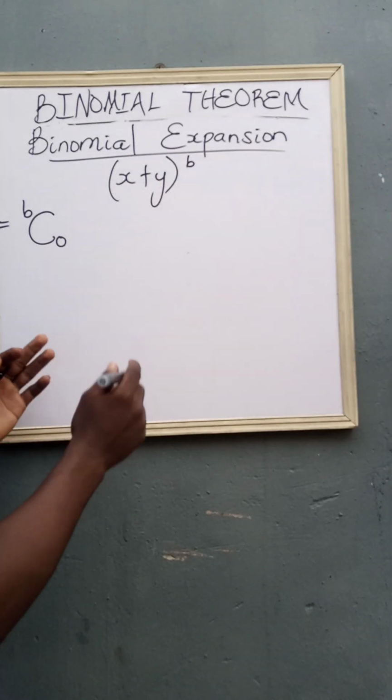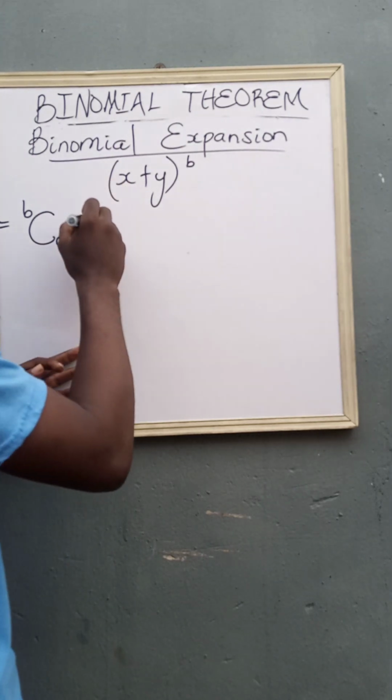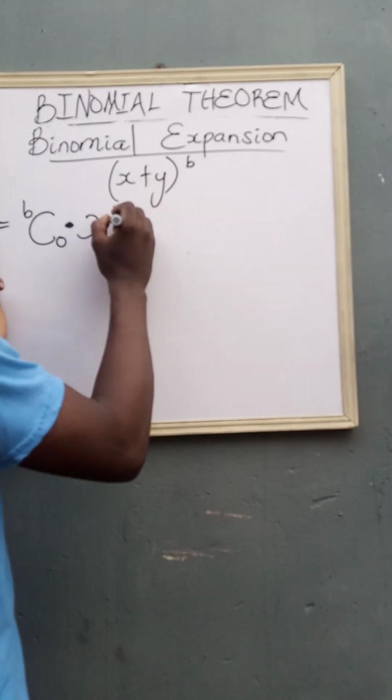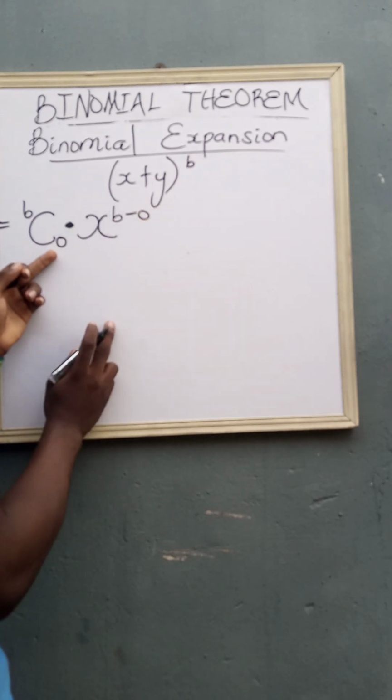Please take note of that. Then multiply by your first term, which is x, raised to the power b minus this part, this 0, which is your r.